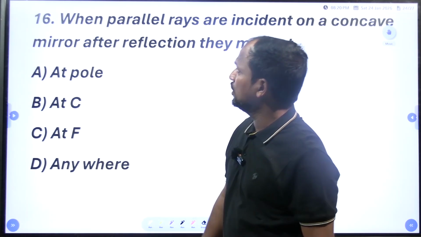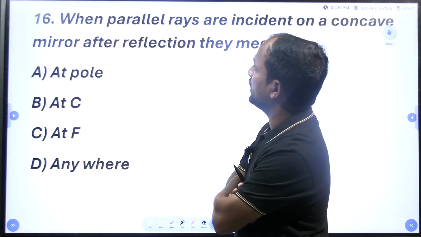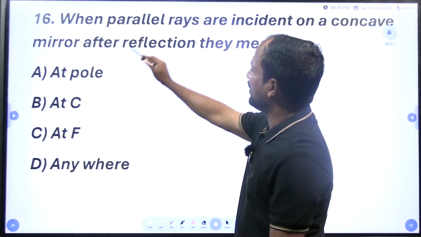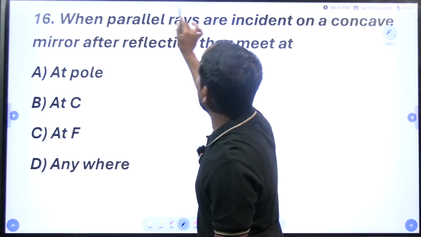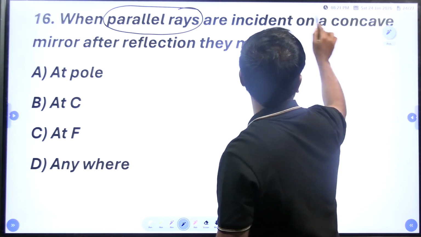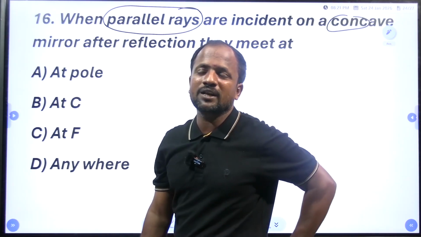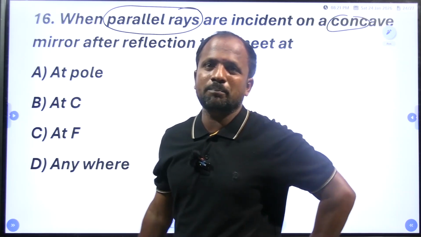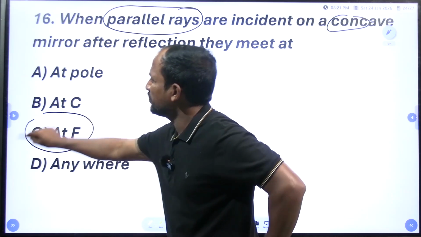Read the next question. When parallel rays are incident on a concave mirror, after reflection they meet where? Parallel rays are incident on the concave mirror, and they converge at one particular place: at the focus.